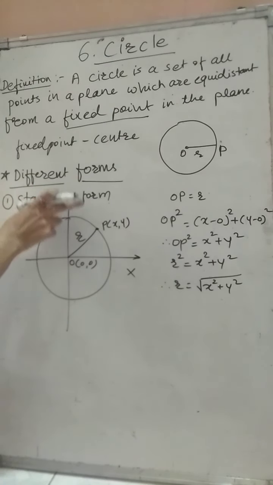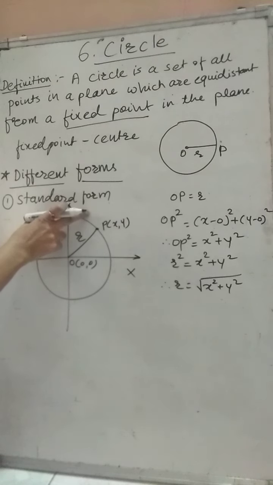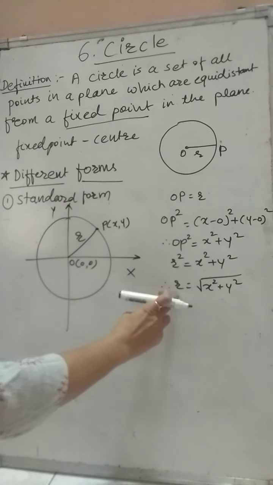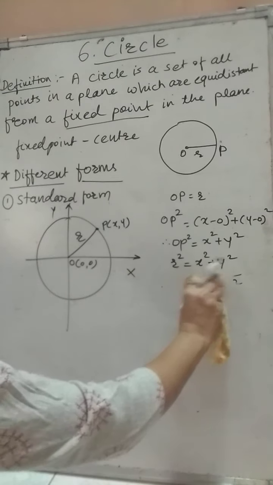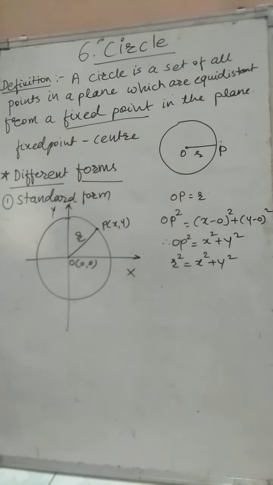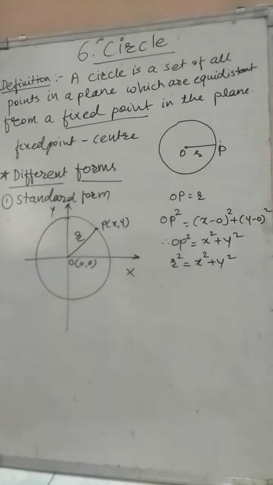Now this is the first form which we learn here, the standard form: x square plus y square equal to r square. This is the standard form of equation of circle.